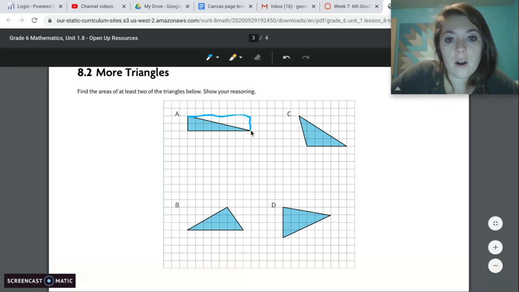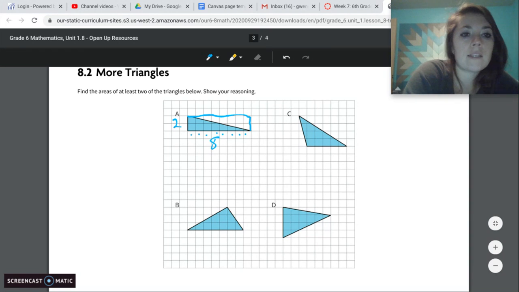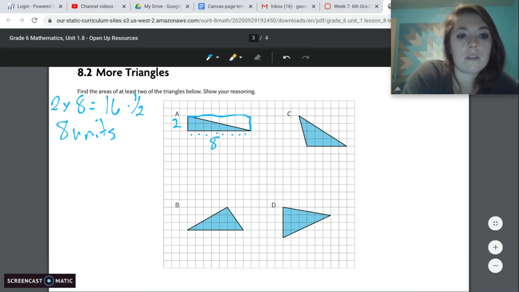So there are our 2 triangles formed together. So we have a height of 2, and we have a base of 1, 2, 3, 4, 5, 6, 7, 8. So 2 times 8 equals 16, but then we want to multiply that by 1/2.